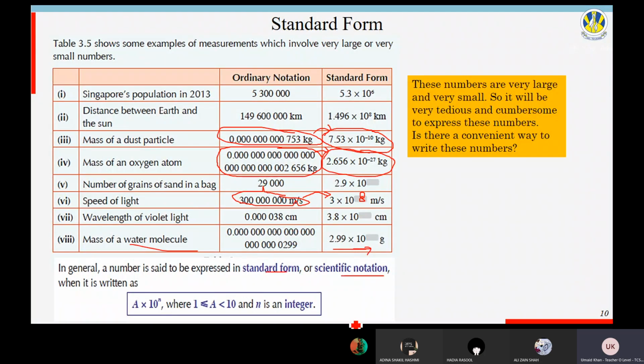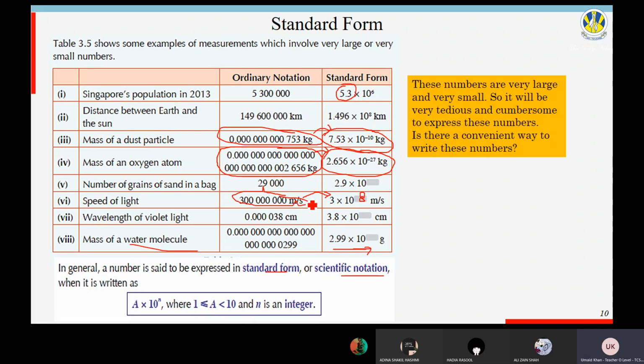Now, one last thing that I want to clarify. If you look at these numbers 5.3, 1.496, 7.53, 2.99, all these numbers are less than 10. So this is the condition that you have to keep in mind. When you convert any number to standard form, the first value should always be between 1 and 10.